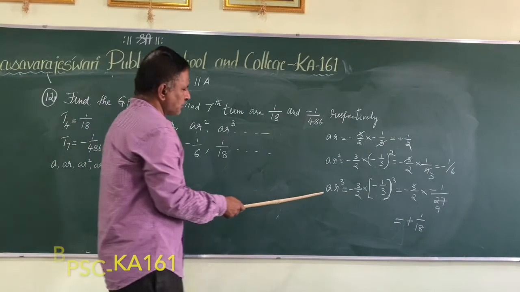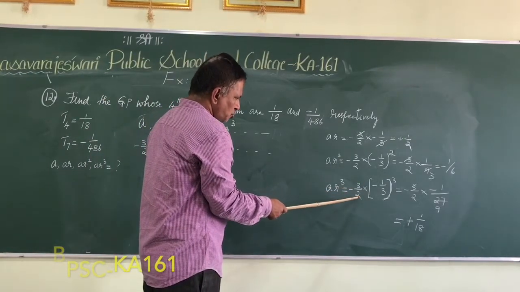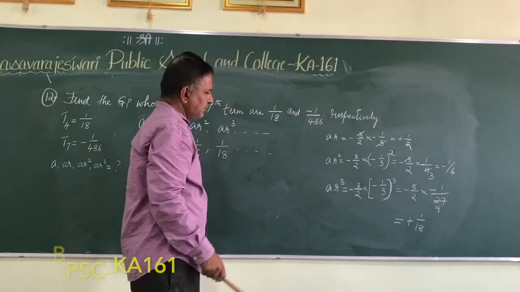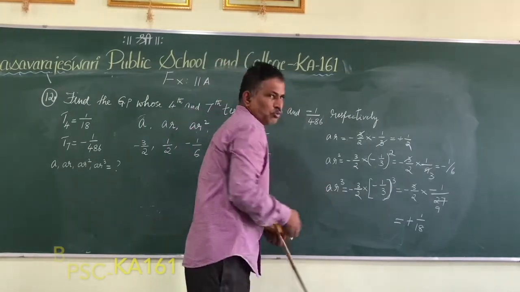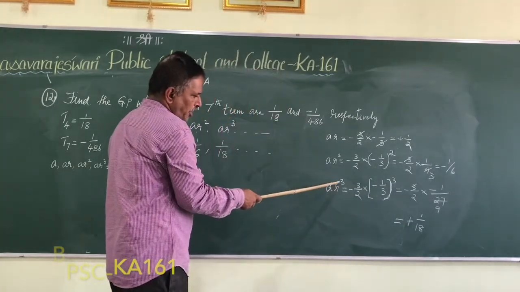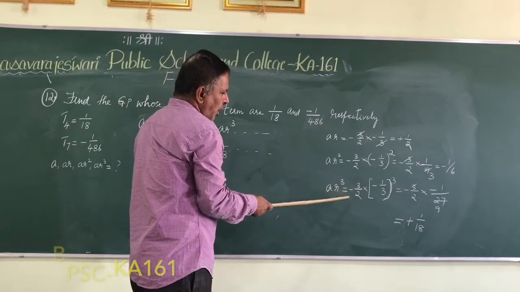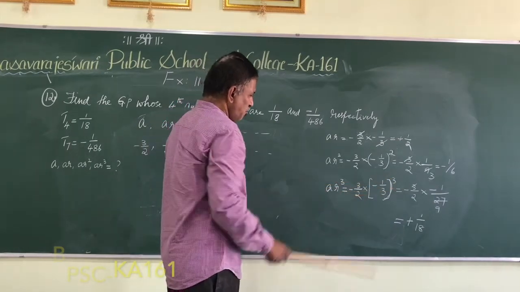Similarly, to find the fourth term, AR cube, I have to find out, that is A value is minus 3 by 2 into R value is minus 1 by 3 whole cube. So minus 3 by 2 as it is.